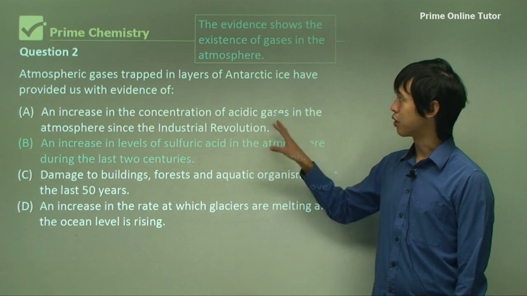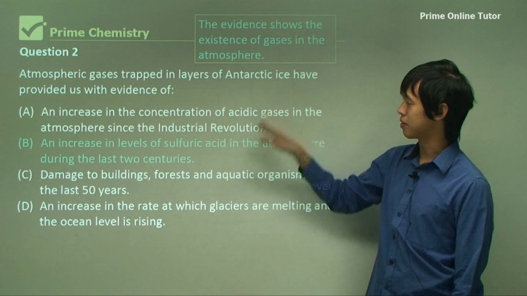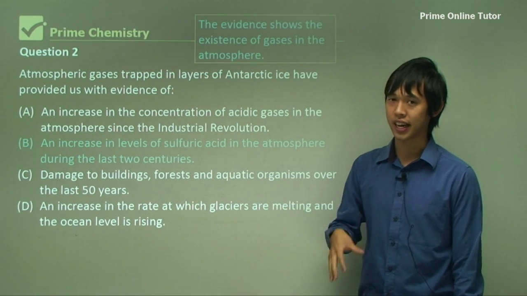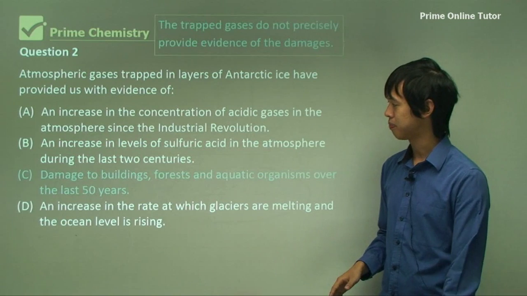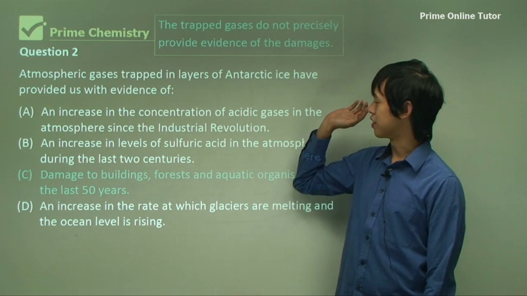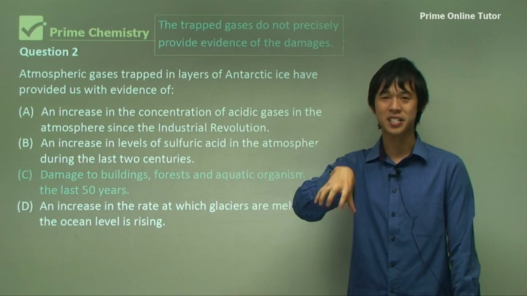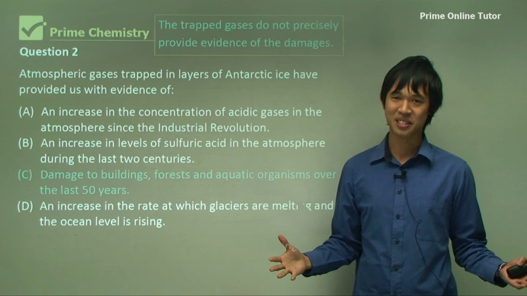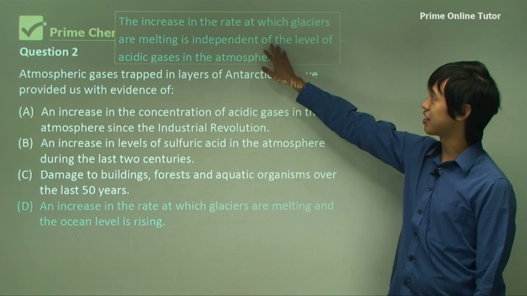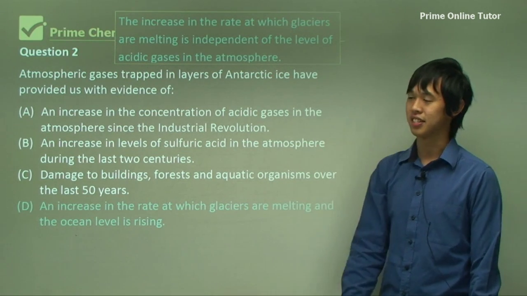So if we go through each of them, the evidence shows the existence of gases in the atmosphere. So that's not this one, because acid is not a gas. Sulfuric acid is not a gas. The trapped gases do not precisely provide evidence of the damages. Again, like I said, trapped gases in Antarctic ice don't tell us anything about the buildings. And the increase in the rate at which glaciers are melting is independent of the level of acidic gases in the atmosphere.